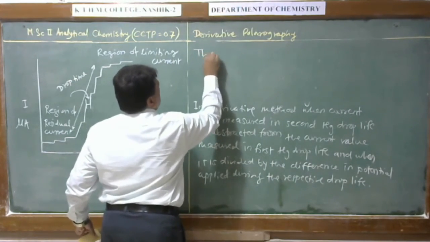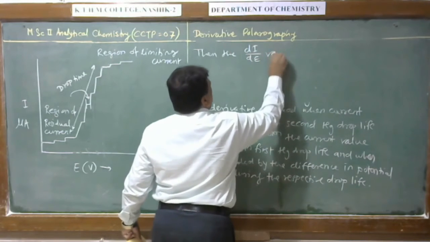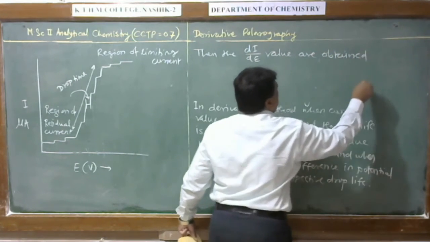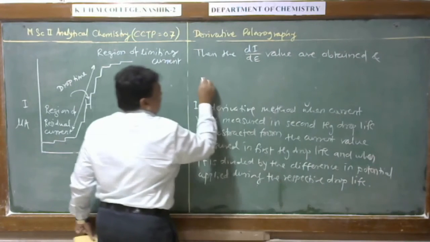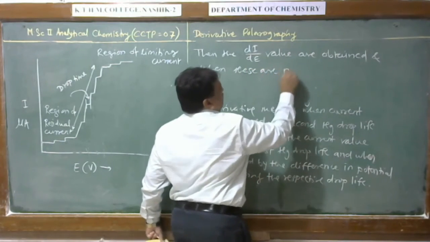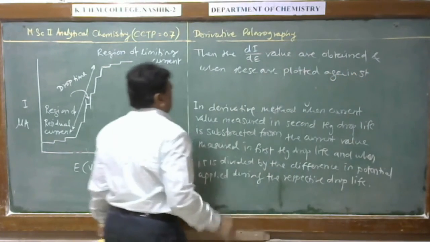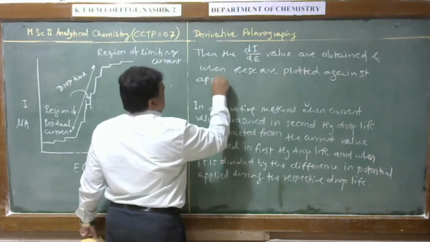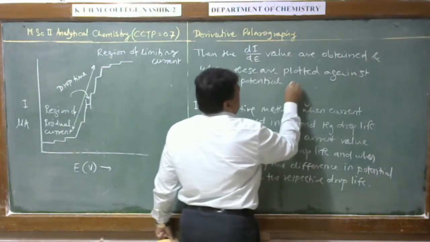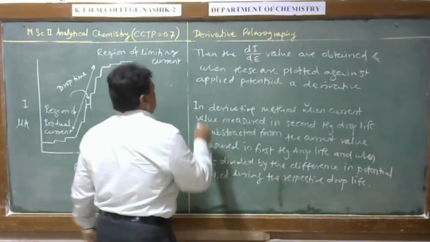Then the di upon dE values are obtained, and when these are plotted against the applied potential, a derivative polarograph is obtained.